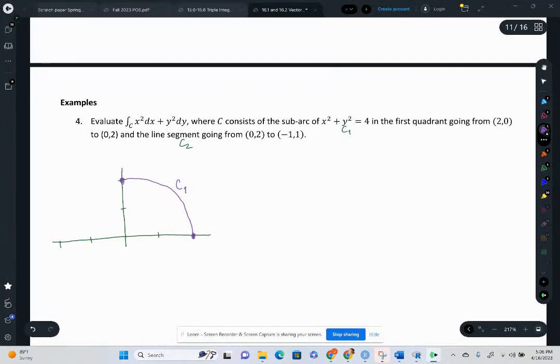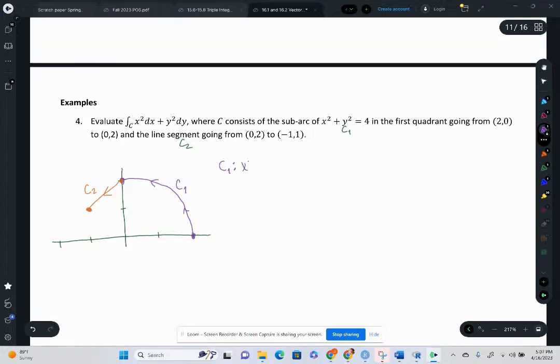So that's C1, and we're going from (2, 0) to (0, 2). Then we have a line segment that starts at (0, 2) and goes to (-1, 1) and then stops there. That will be C2.